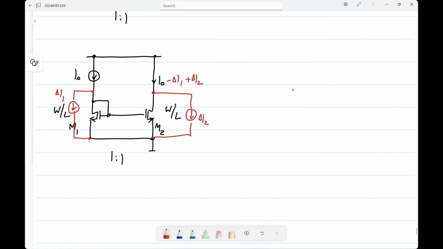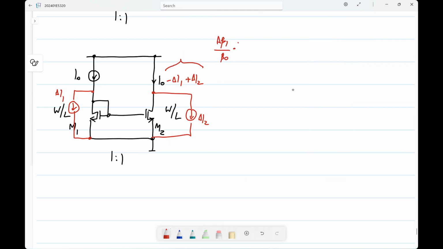Okay. And how much is delta I1? So it's delta beta 1 by, you have to use different indices for different components because they are physically different components, they have uncorrelated mismatch.